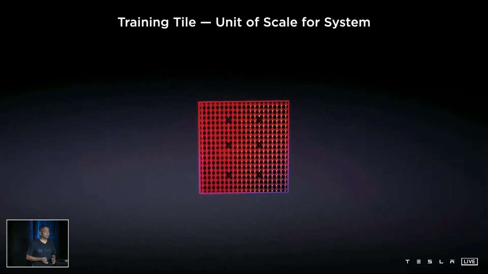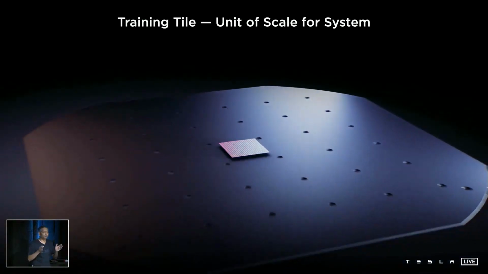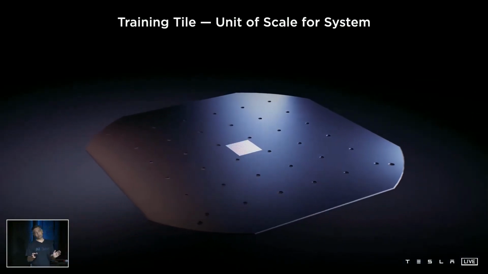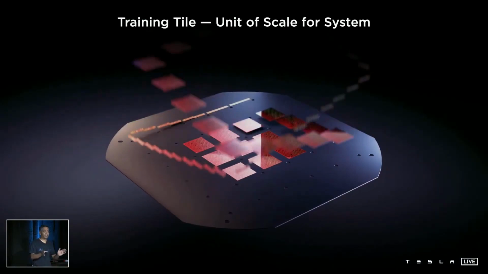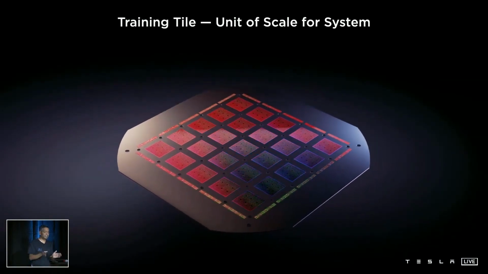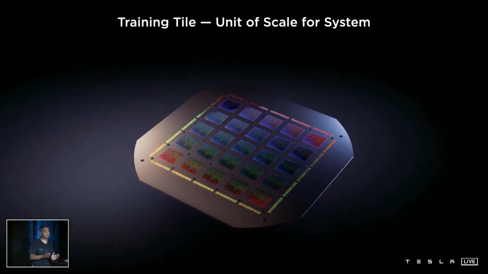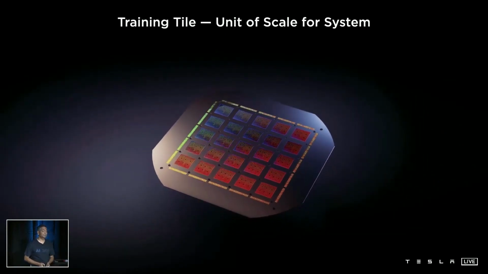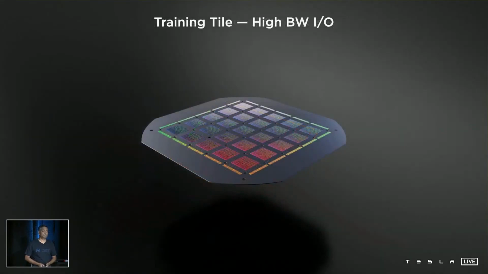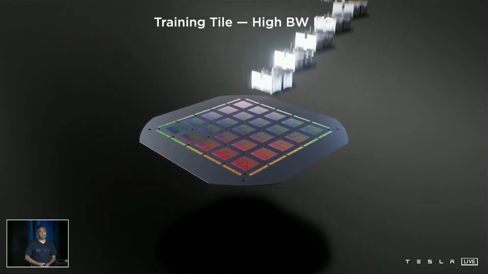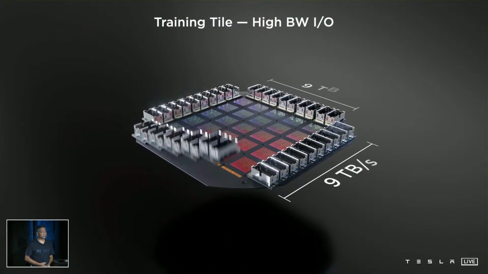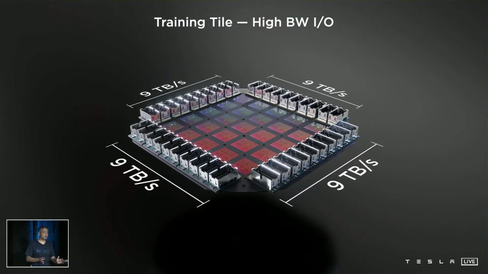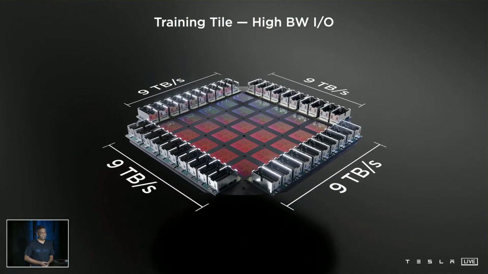This is a groundbreaking integration of 25 known good D1 dies onto a fan-out wafer process, tightly integrated such that it preserves the bandwidth between them. The maximum bandwidth is preserved there. And in addition, we generated a high bandwidth, high density connector that preserves the bandwidth coming out of this training tile.